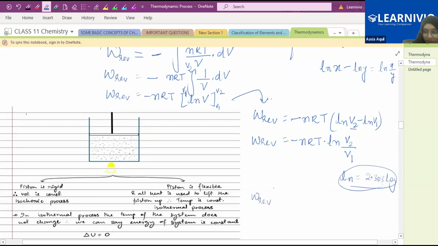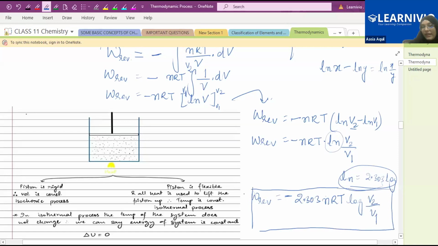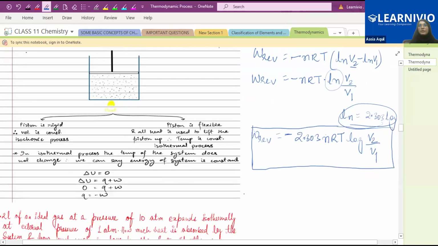W reversible is equal to minus 2.303 multiplied by nRT into log V2 upon V1. So that's the formula. That's another formula of reversible work done. The work done in the case of a reversible process is equal to minus 2.303 nRT log V2 upon V1.